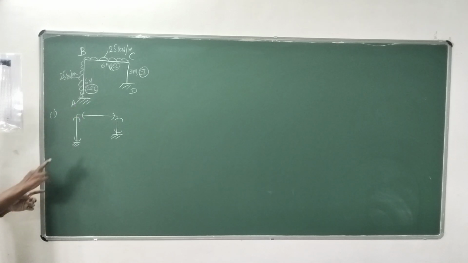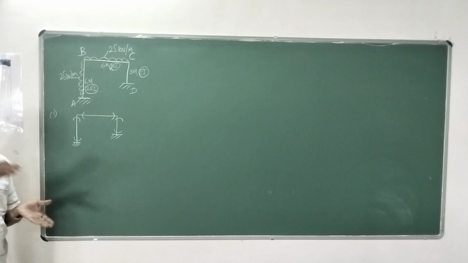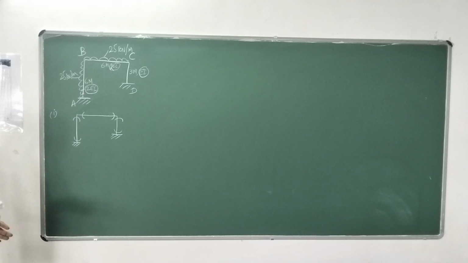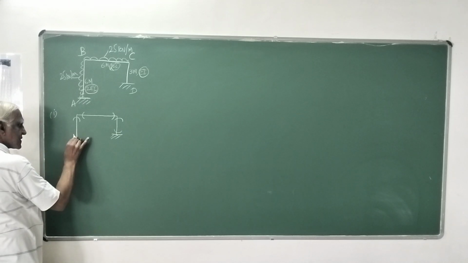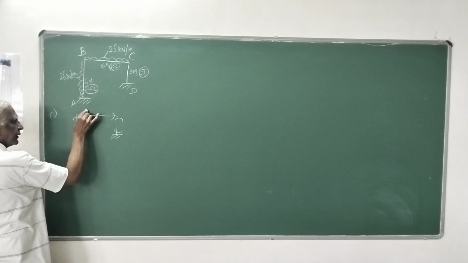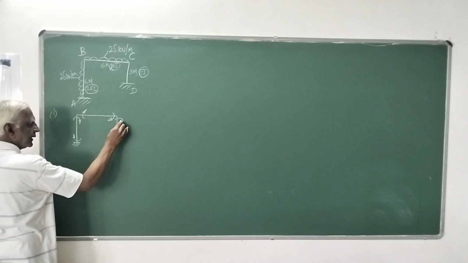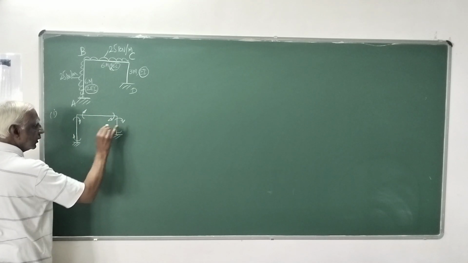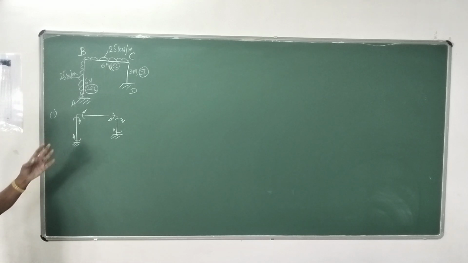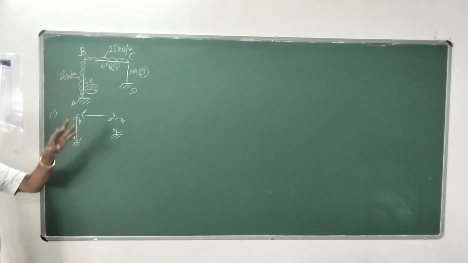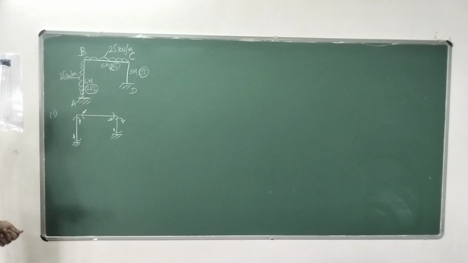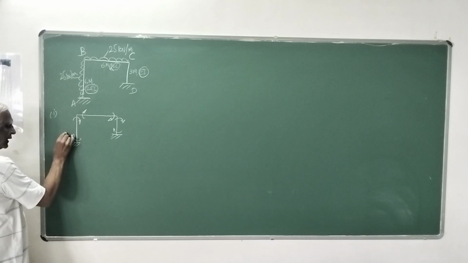And that we have to determine only at the ends of the member, that we define as the local coordinate system. So the local coordinate system corresponds to the end moments, whose sign as per sign convention, the clockwise moments we have taken as positive and we take in that direction.